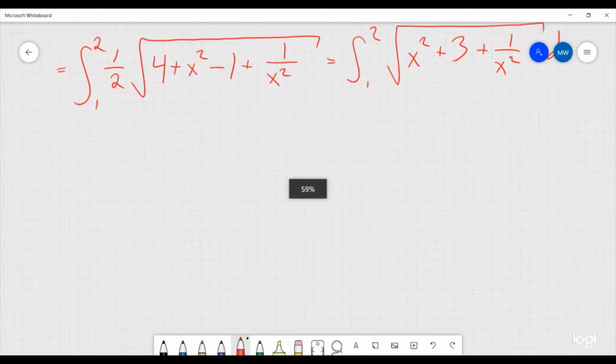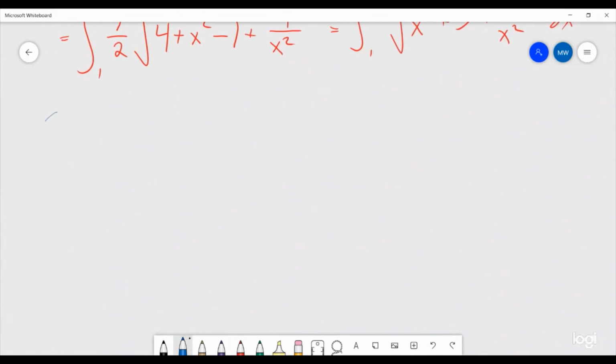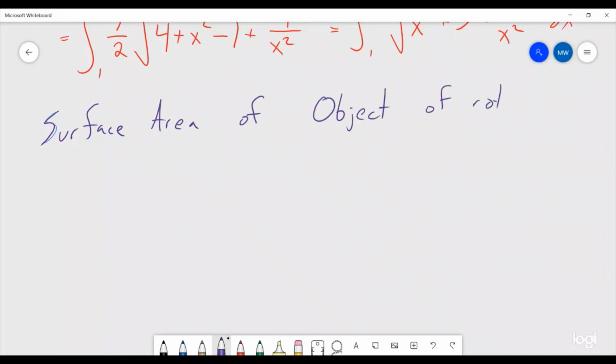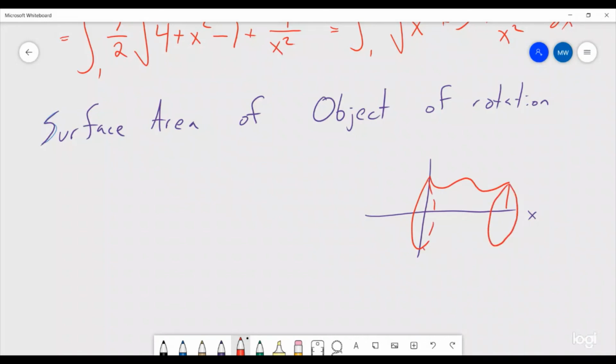Surface area is pretty similar, especially if we are doing a surface area of an object of rotation. So here is our x-axis, we have some function f that's doing this, and then we get that rotated about the x-axis.